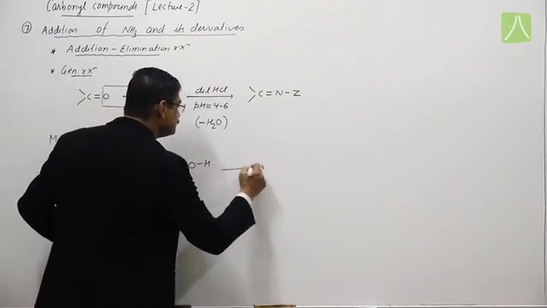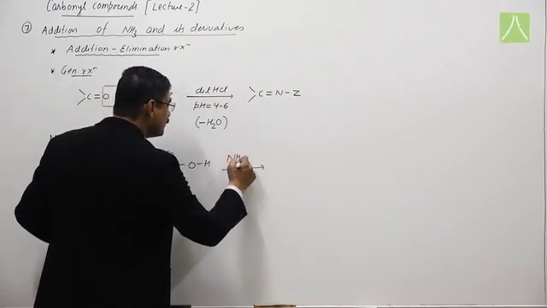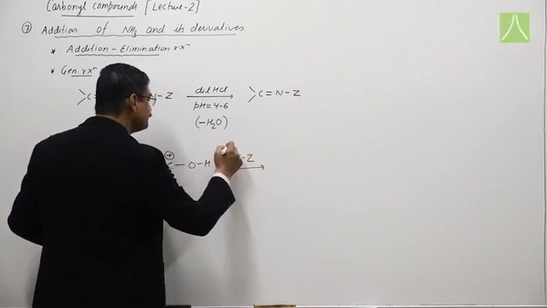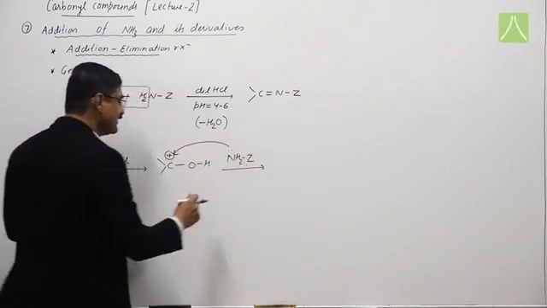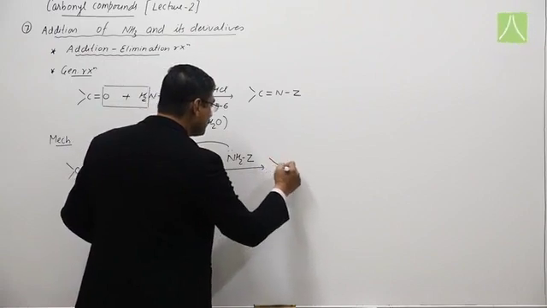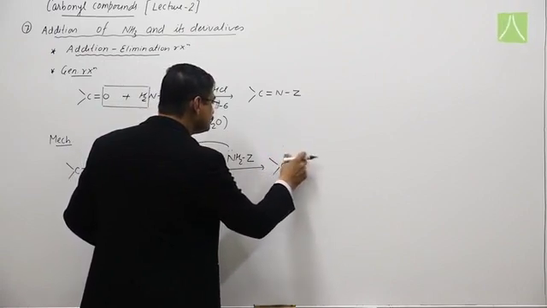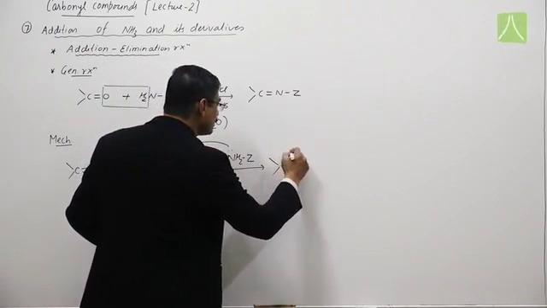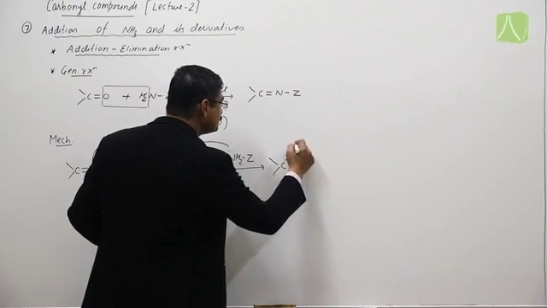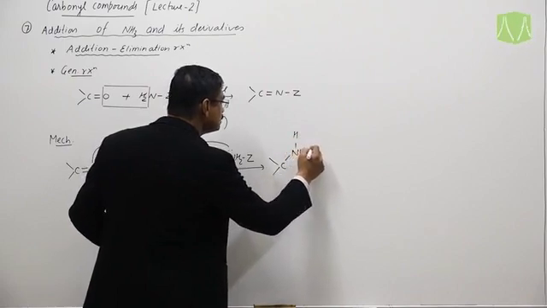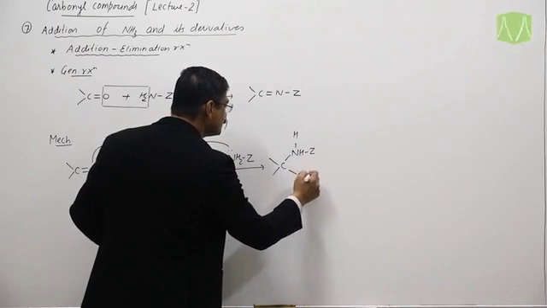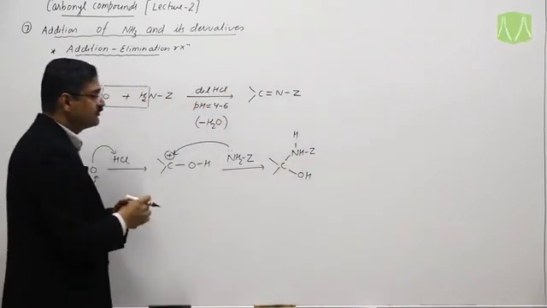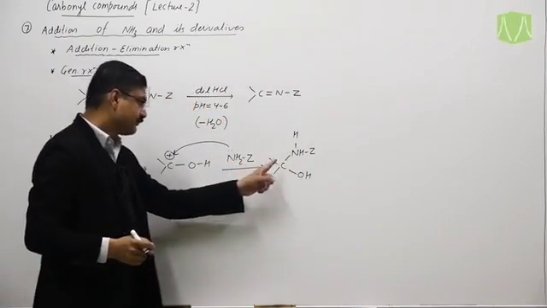Now the ammonia derivative attacks the carbocation very easily, and it is converted into an addition product.